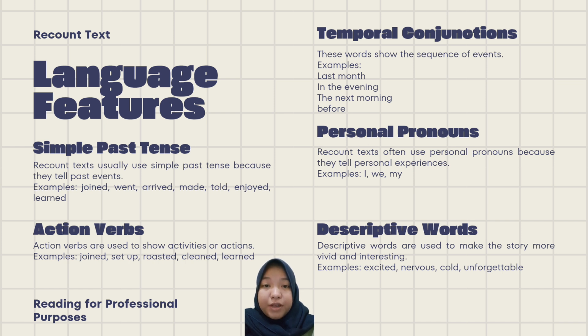Another language feature is personal pronouns. Personal pronouns are used because recount texts usually tell personal experiences. Examples include I, we, and my. And last one, the text also uses descriptive words to make the story more vivid and interesting. Some examples are excited, nervous, and unforgettable.